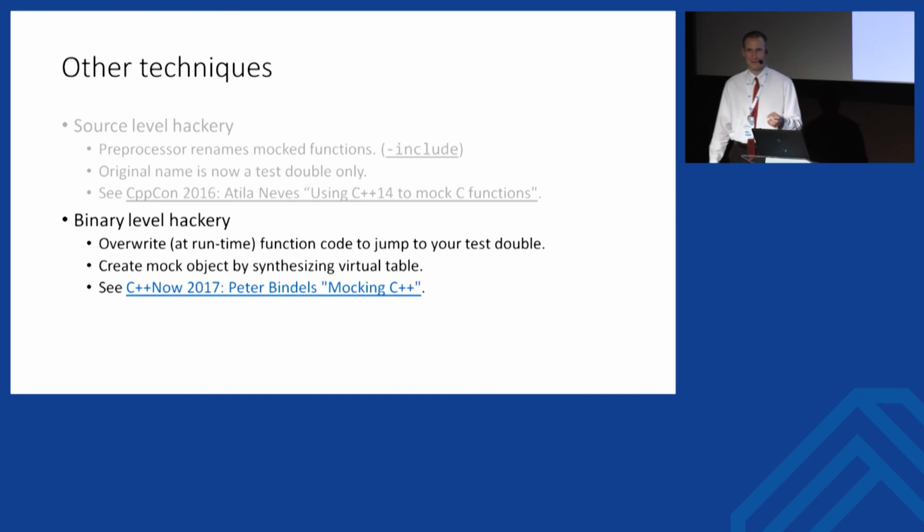Another approach, and that's really hardcore in my opinion, but it's doable, I guess, because there are people with libraries who do this, is to do binary level hacking. If you know how the object layout is in C++, then you can just play with the binary. The library I'm mentioning here offers at least two approaches.